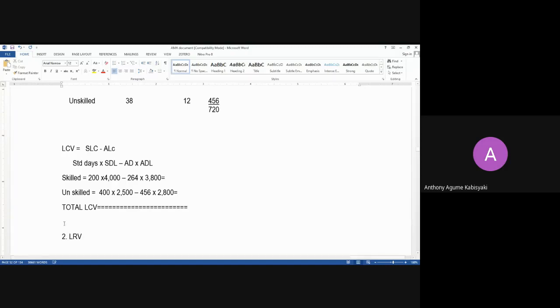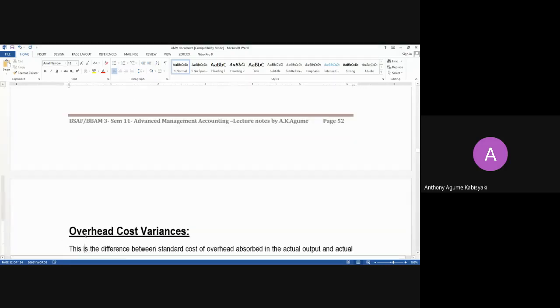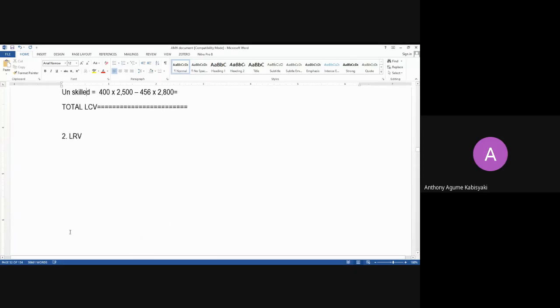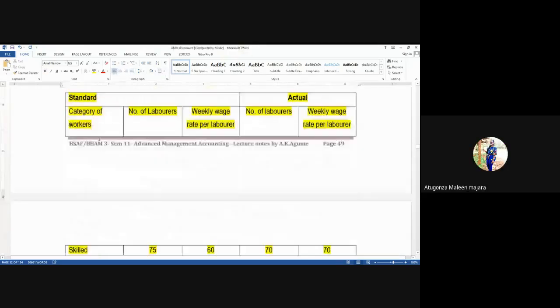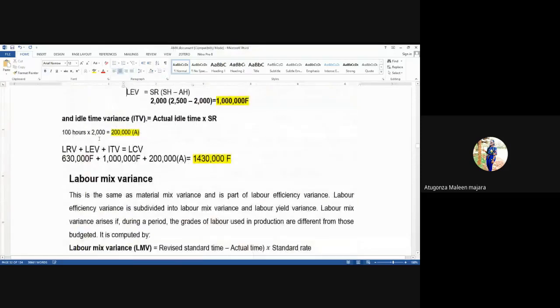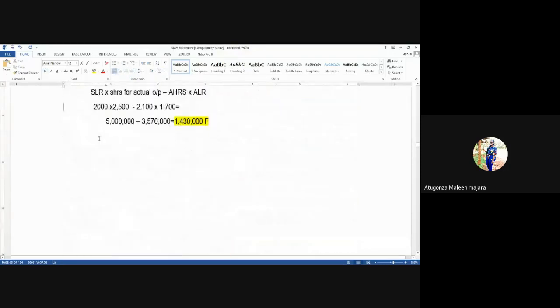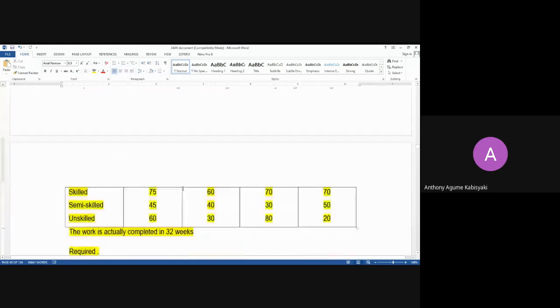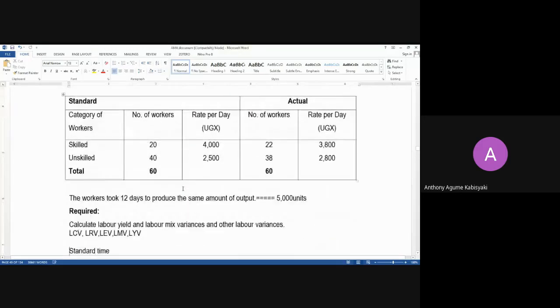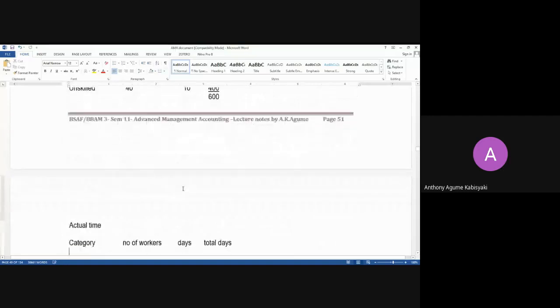And the formula for labor rate, we said it is what? Actual labor hours times standard labor rate minus actual labor rate. Yes, it is here. But now instead of using hours, we shall use actual days, because now here we are enumerating in terms of days.